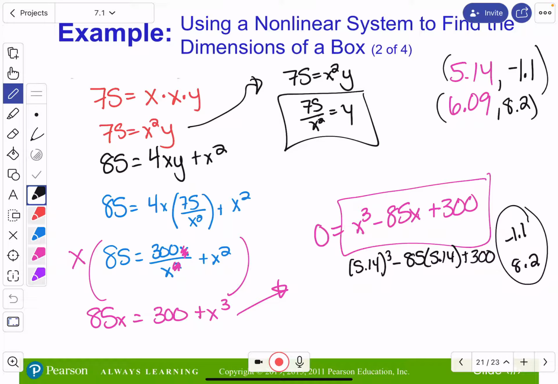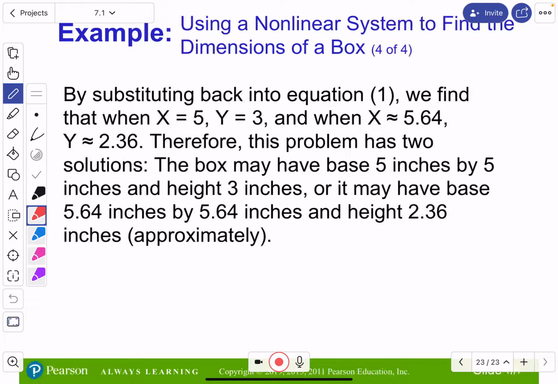So when I did it on my handheld calculator instead of this one, I got the 5 that they got, and 5.64. So something went wrong on this calculator, but it's the same idea. Let me know if you have any questions.